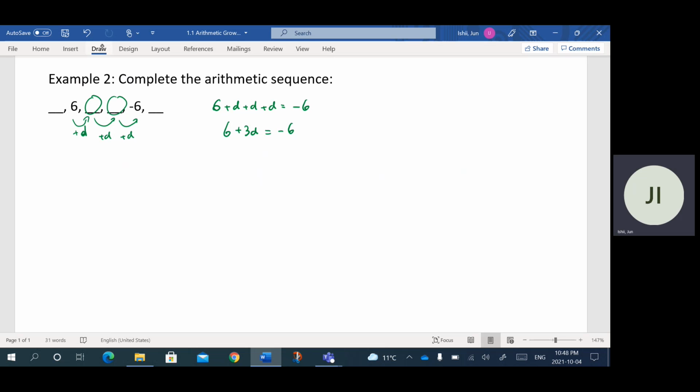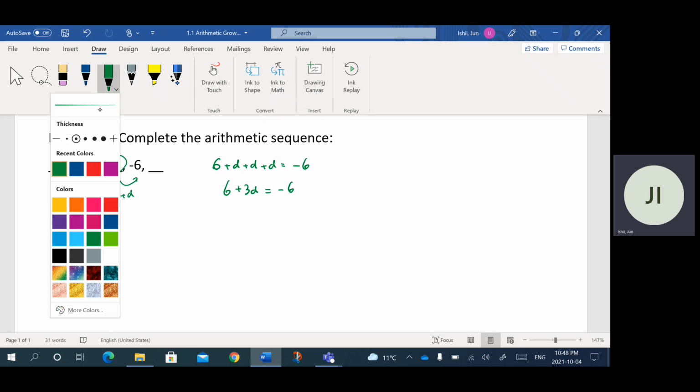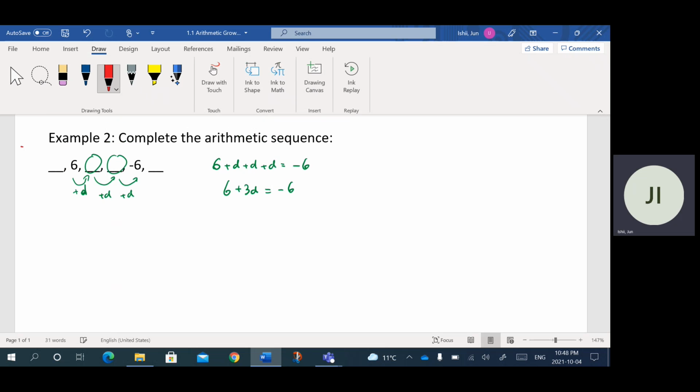Let's just solve this equation. I'm going to move the 6 over to the other side. Be careful: this 6 and this -6 do not cancel. When the 6 gets moved over to this side, it becomes -6. As a result, I have 3d here, but over on this side, I have -6 minus 6.